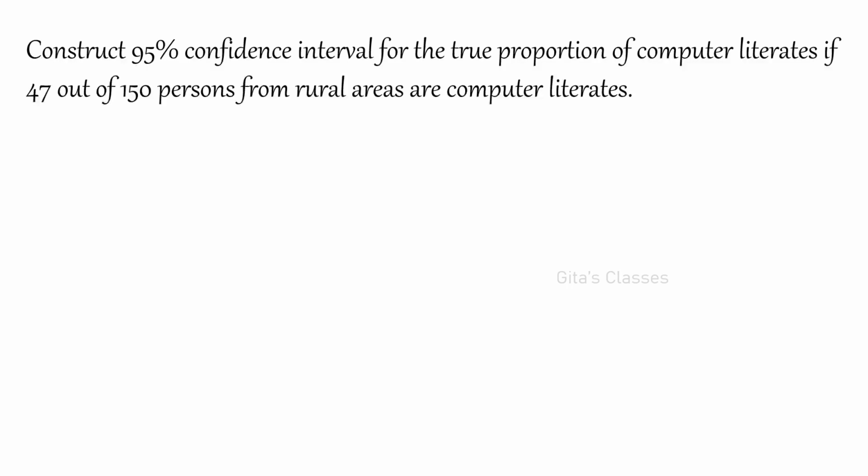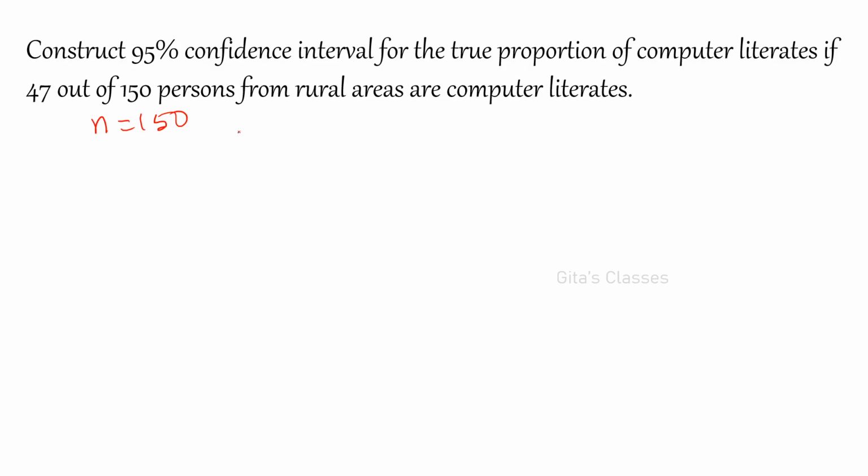Construct a 95% confidence interval for the true proportion of computer literates if 47 out of 150 persons from rural areas are computer literates. So we have considered n is equal to 150. Always remember, when the mean is given, search for the words that are given.